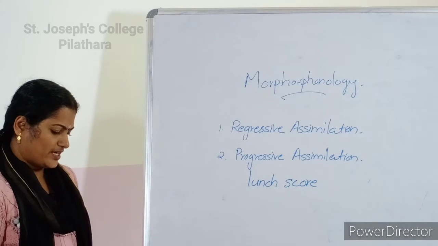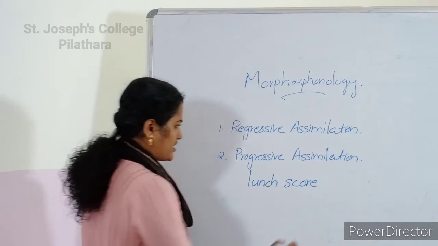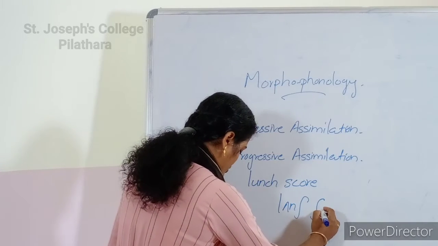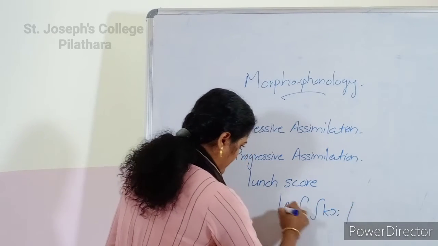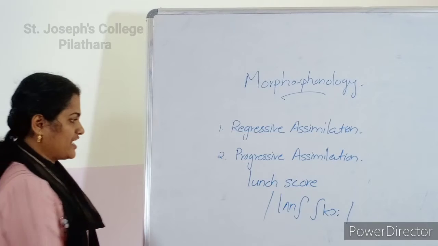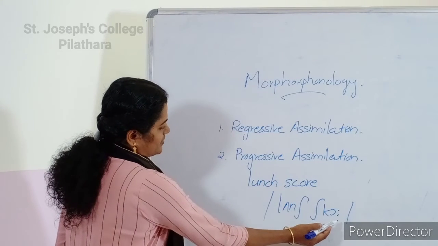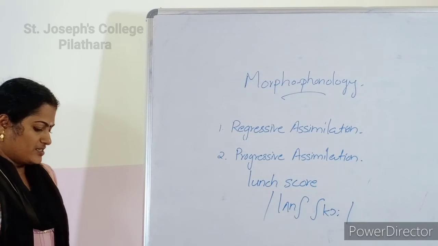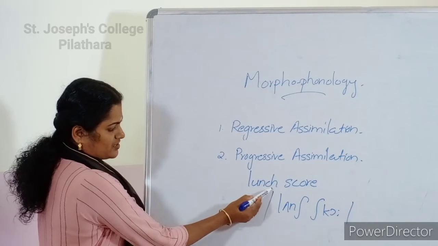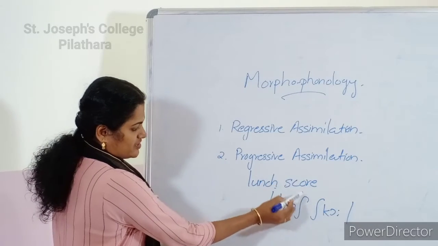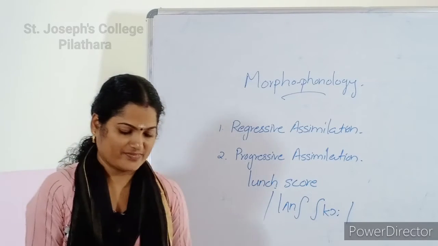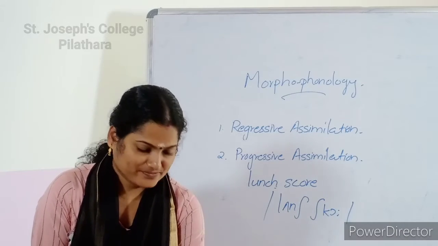It's pronounced as lunch shool in rapid speech. That is, the features of a phoneme affect the phoneme following it. The influence of this sound changed this into the sh sound. These are the two types of assimilation. Okay, is it clear?